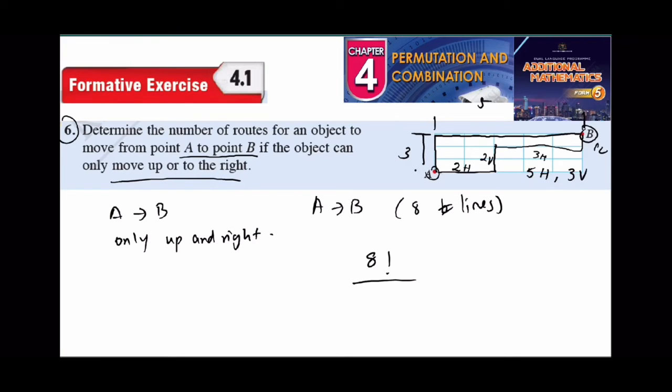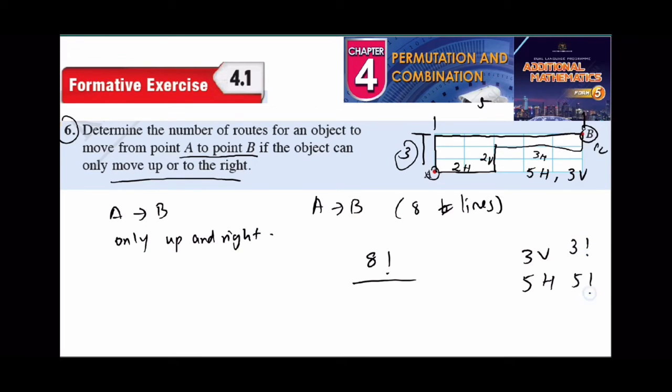Now, why do we need to divide by 3 factorial and 5 factorial? Because the 3 steps moving upward are identical, and the 5 factorial is for 5 steps to the right, which are identical, having the same direction and magnitude.